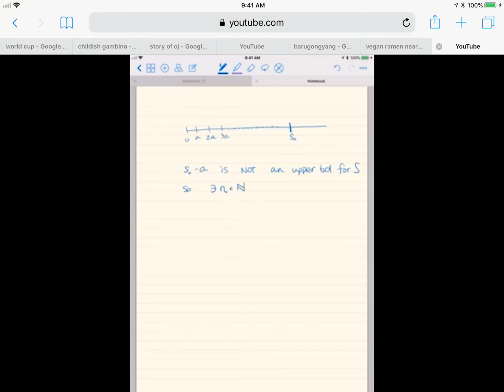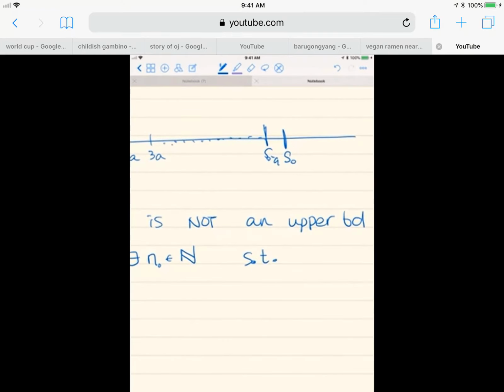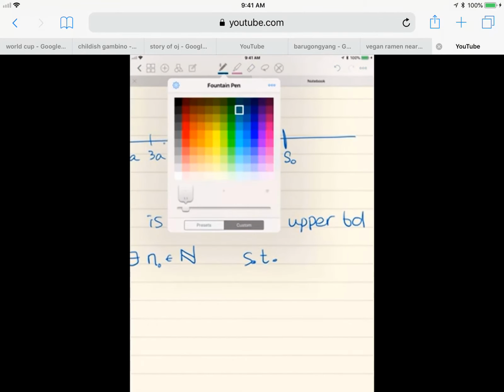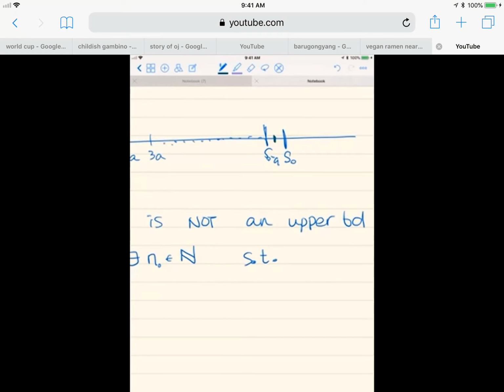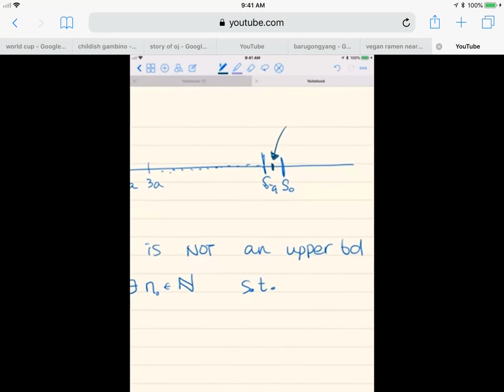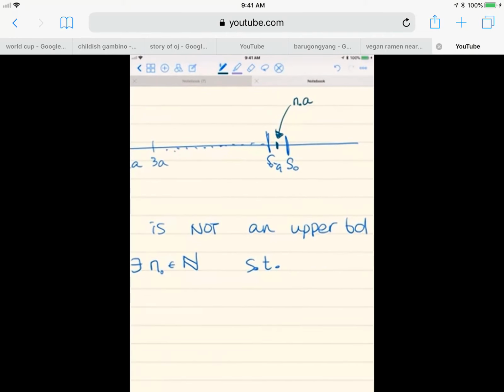So since S naught minus a is not an upper bound, there's a point in S that is bigger than S naught minus a. So say that's n naught times a.